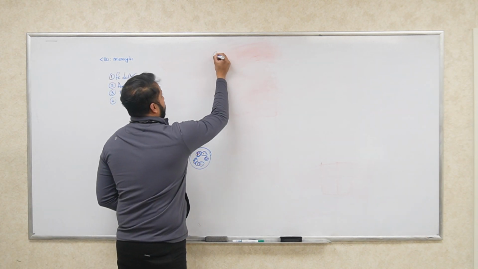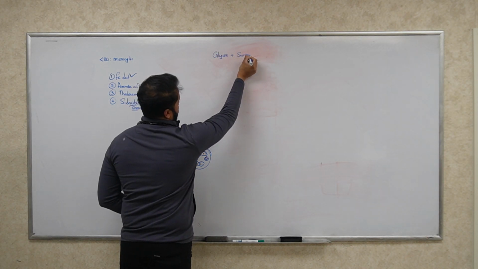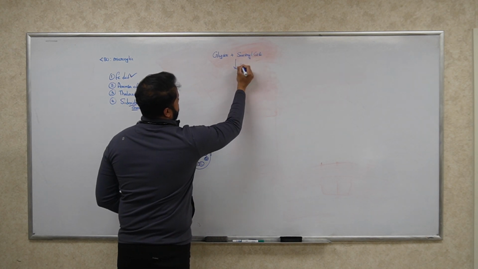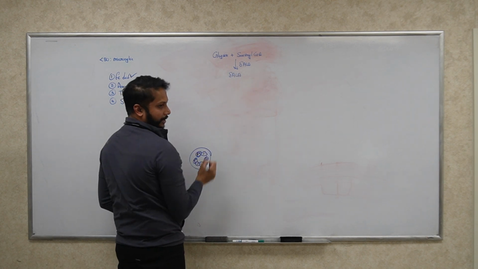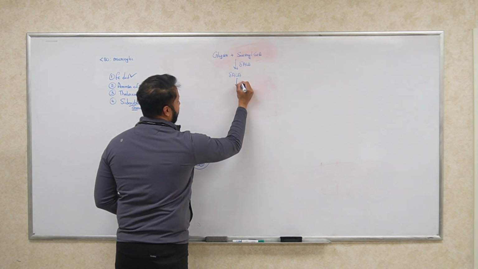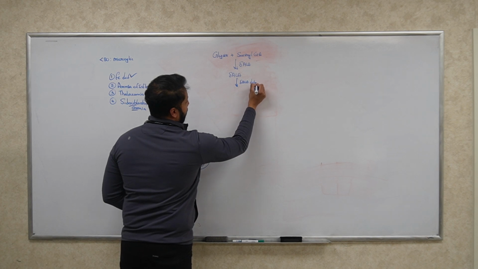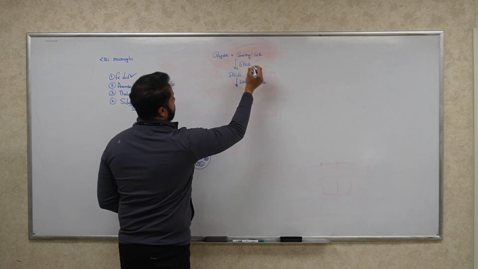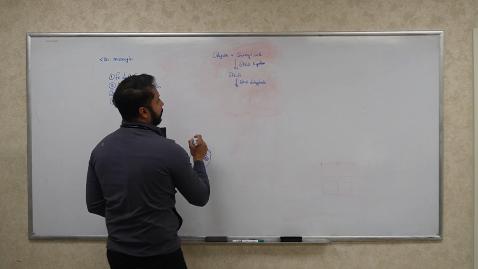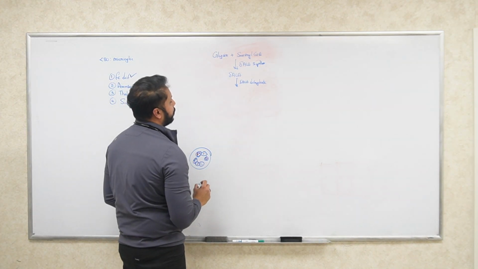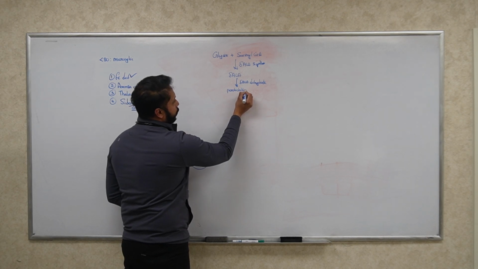Okay? We need glycine plus succinyl-CoA in the presence of the enzyme delta-ALA synthase. You're going to form something known as delta-ALA. Then from delta-ALA, by another enzyme known as delta-ALA dehydratase, what you form is known as porphobilinogen.